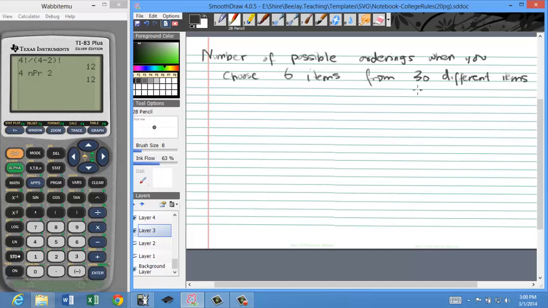Well, so n is always the bigger number. n is 30, r is 6.